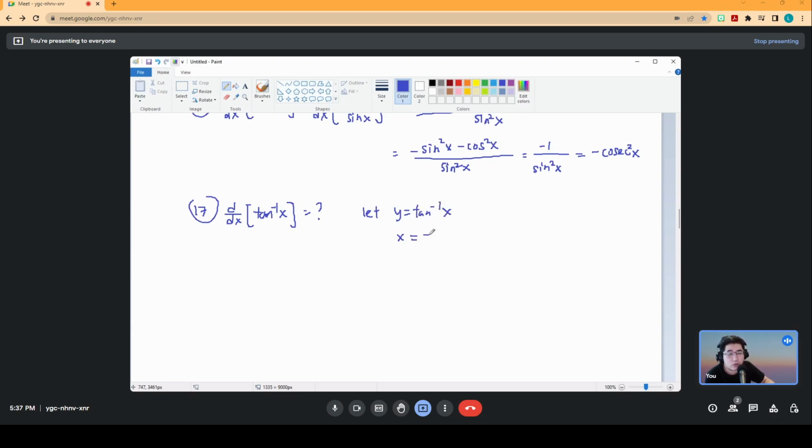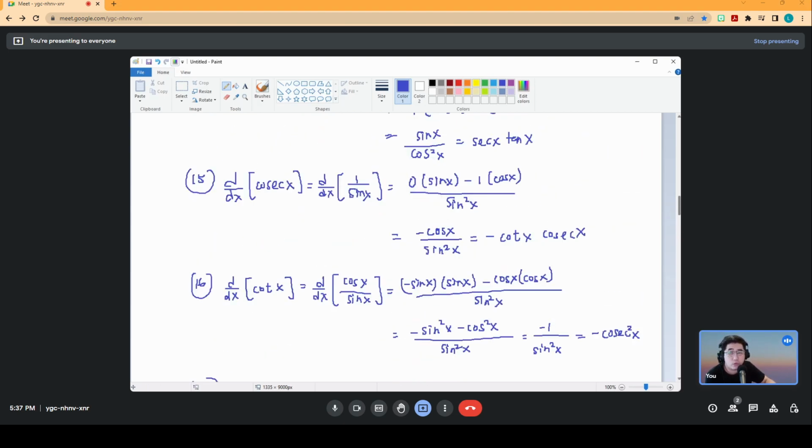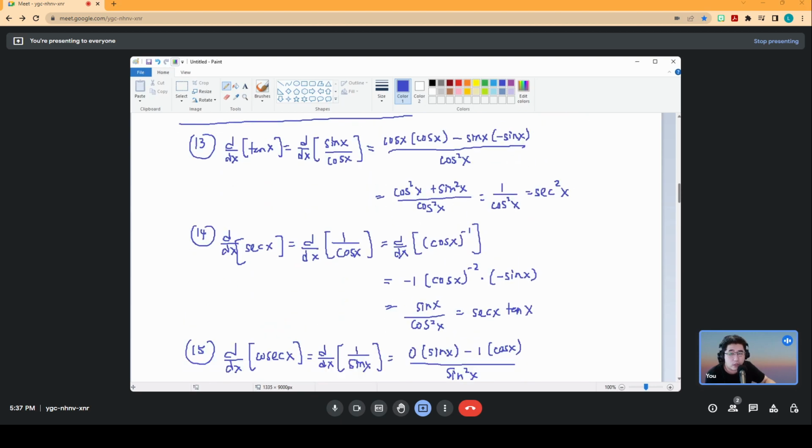Therefore, x equals tangent of y. So I differentiate both sides with respect to y. You will get dx/dy equals secant squared y, because the derivative of tangent becomes secant squared. How do we know this? This is from rule 13.